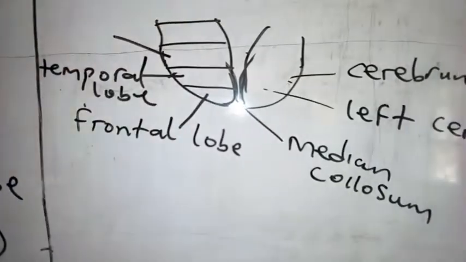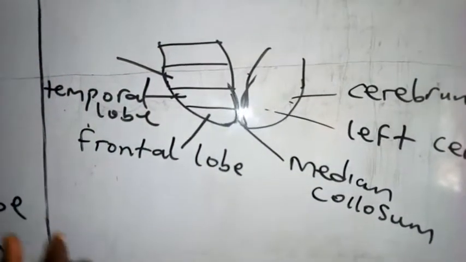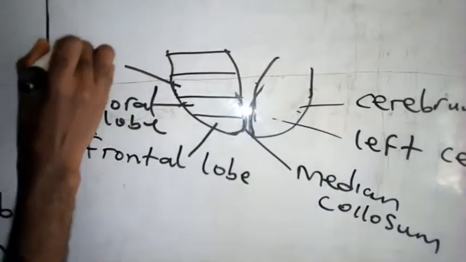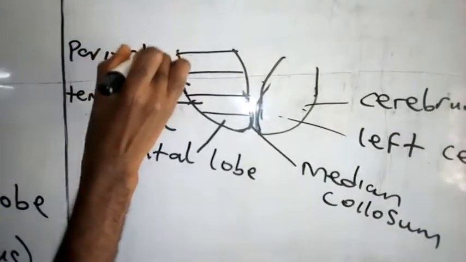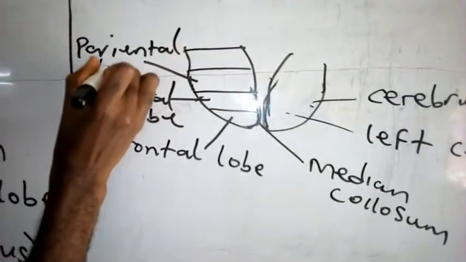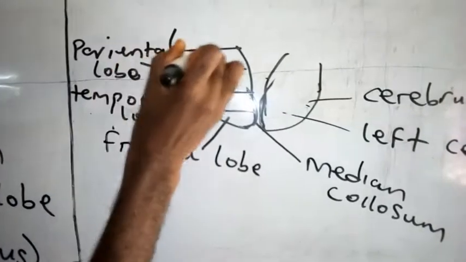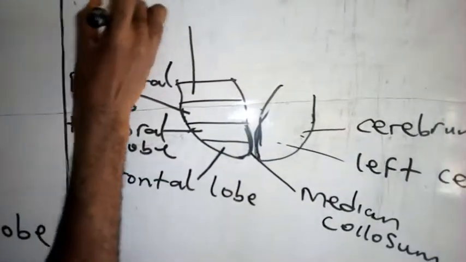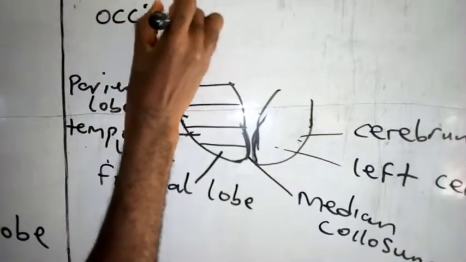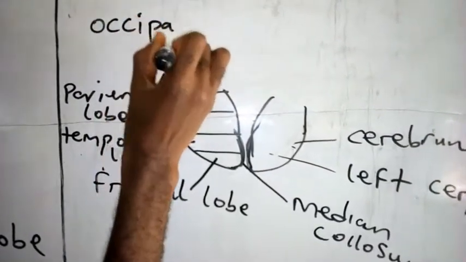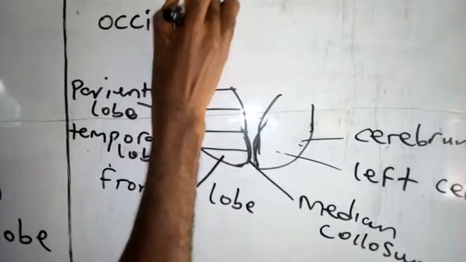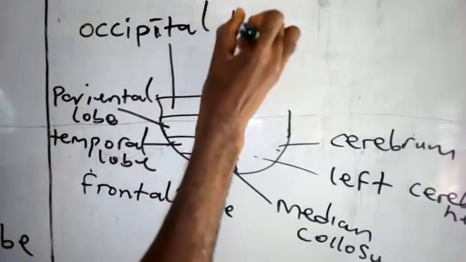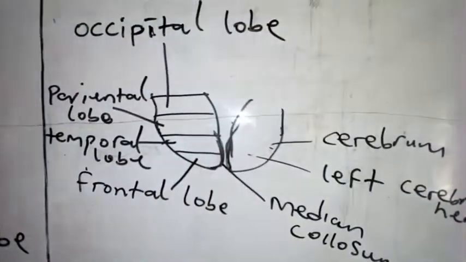The one next to the temporal is what we call the parietal lobe. And the one at the extreme is known as the occipital lobe. Let me take that again.